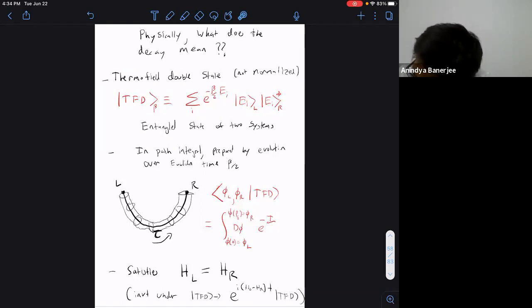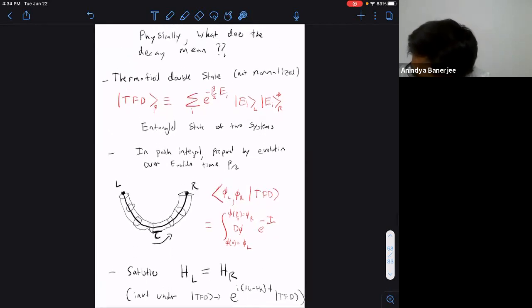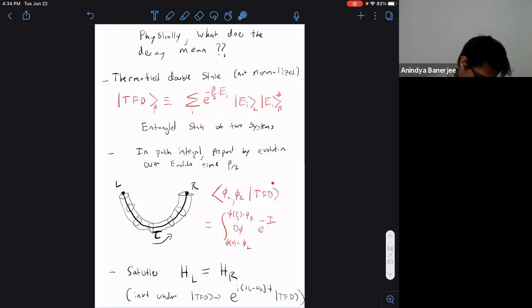One thing about this thermal field double state is that it's naturally related to computations in the path integral. Here I've drawn a little picture of the path integral that computes the wave function of this state. Let's say we're interested in the wave function in some basis phi left, phi right, where phi left and phi right are the values of the fields in the left copy of the system and the right copy of the system.